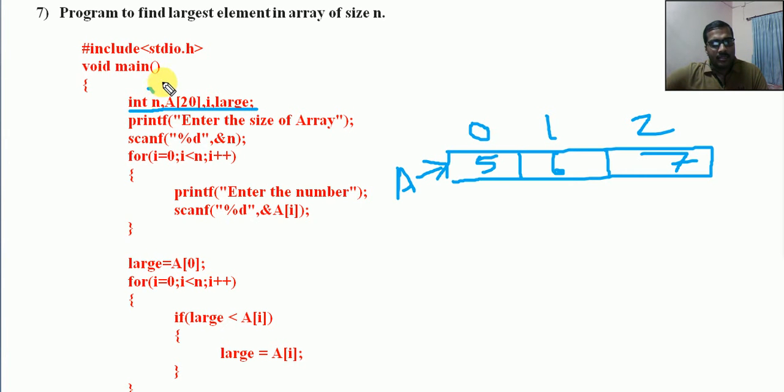N is the size, A[20] is the array, I is the iterative loop variable, and large is an additional variable that is used for assigning a value. Some value will be assigned to the variable large, just like we have seen variables like flag.